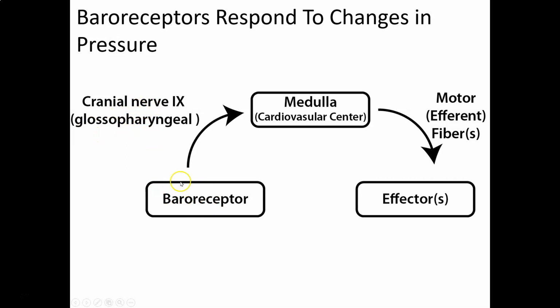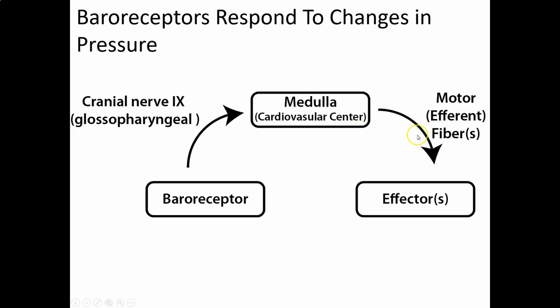If we have a change in pressure, the baroreceptors will sense it. That will send a signal through the glossopharyngeal nerve to the medulla. In the medulla, there's an area of cells called the cardiovascular center. Based on what's happening here, this is my integrating center, the cardiovascular center, I'm going to send out the motor efferent fiber signals to the effectors.